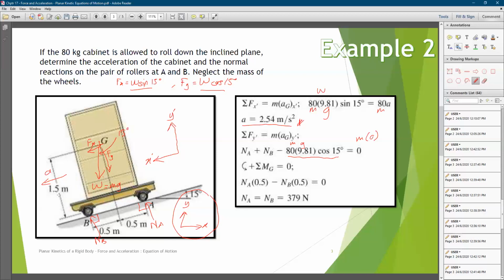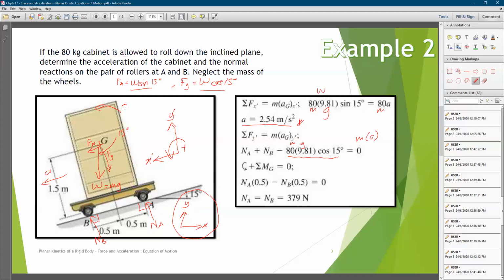It's just sliding down, and therefore the summation of moment is equal to 0. Now, as we assume that counterclockwise is positive, we can calculate the moment of the force NA, and A is going that way, and therefore it will create a positive moment.